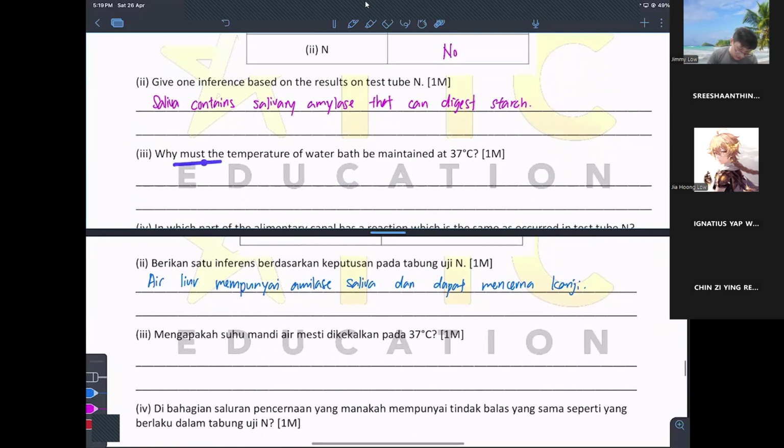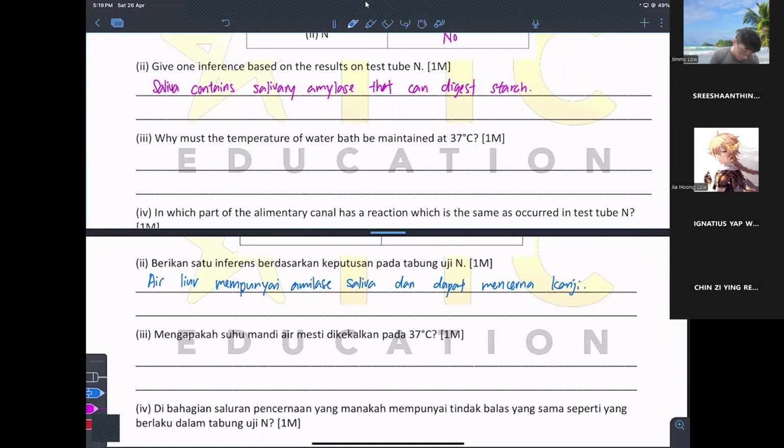Okay, so why must the temperature of the water bath be maintained at 37? Because 37 is human body temperature, suhu badan manusia, which allows the enzyme to work. You mention this first. Then you can say it allows enzyme to function well.